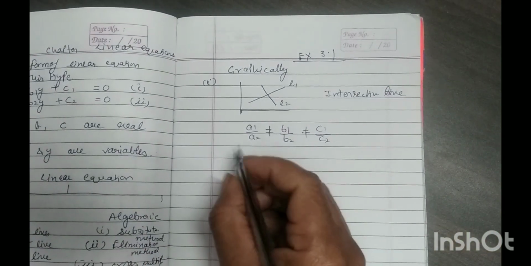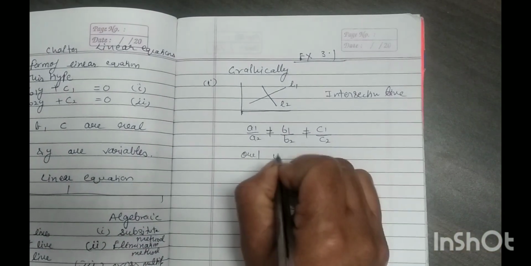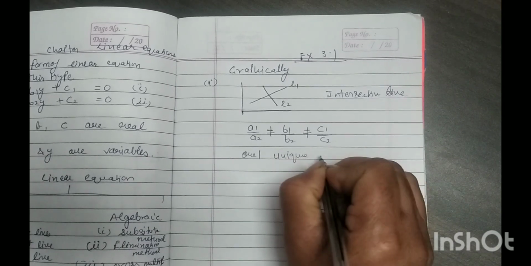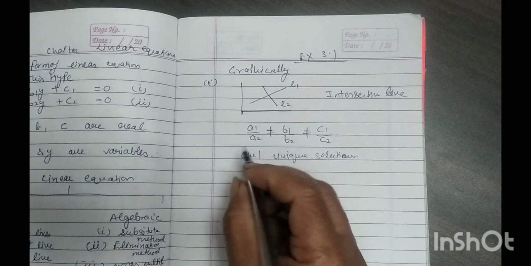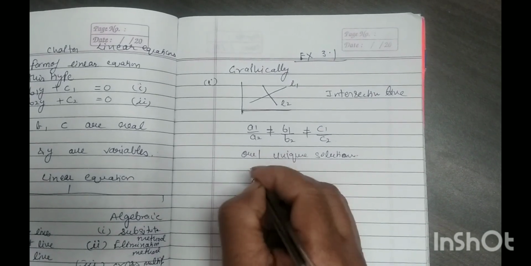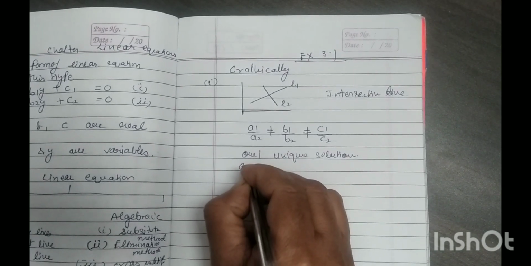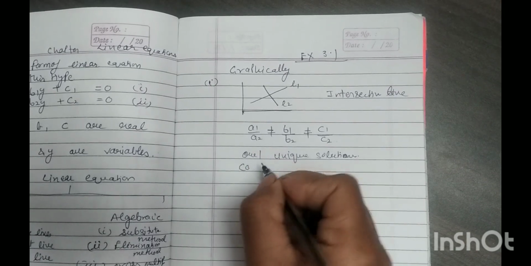In an intersecting line, there is one unique solution. And these equations are also known as consistent equations.